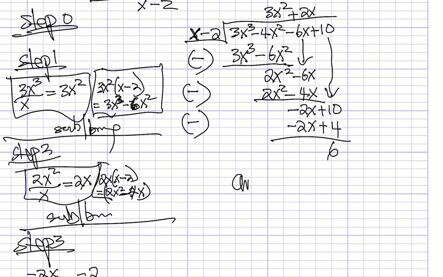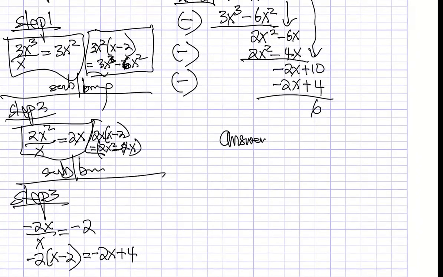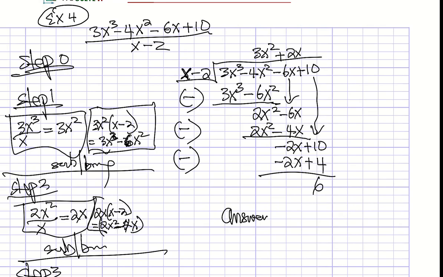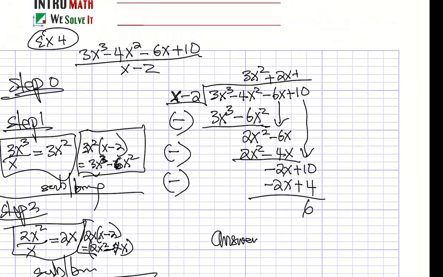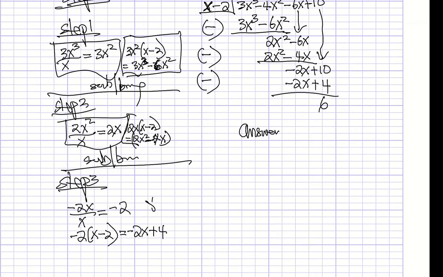So we say our answer is, let me see, oh, I didn't put the remaining part of my answer. You gotta put it here. No, it's negative 2. I got it from here.